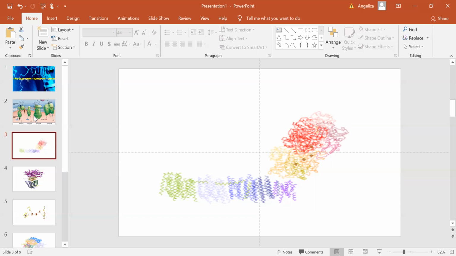A site for binding and reduction of coenzyme Q, quinone form, is near the vertex of the L. The proton pumping subunits comprise the membrane-bound arm of the L.